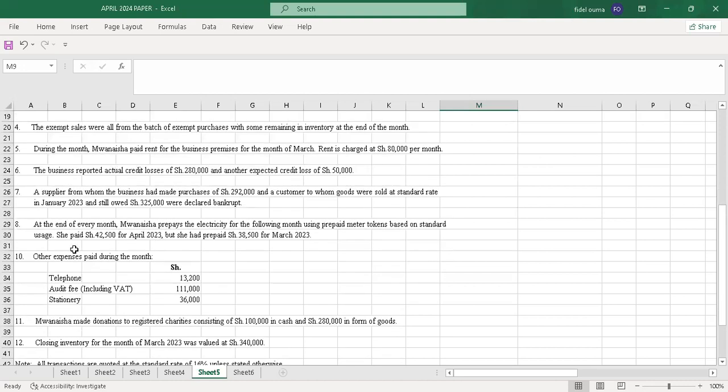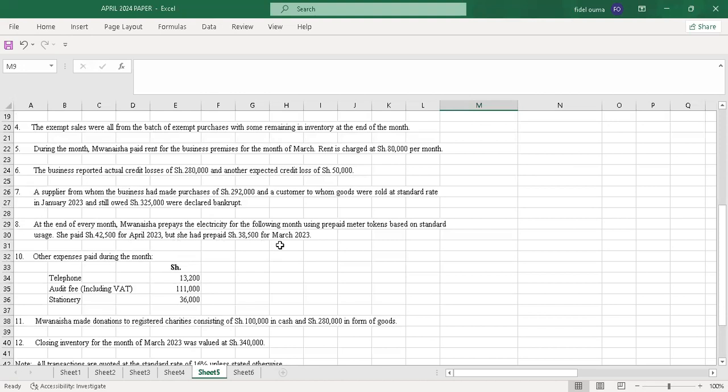At the end of every month, Mwanaisha prepays the electricity for the following month using prepaid meter tokens based on standard usage. She paid shillings 42,500 for April 2023, but she had prepaid shillings 38,500 for March 2023. What was paid for March 2023 was paid in February. And we said this is the tax point. For VAT, we look at the point when the actual tax was paid.